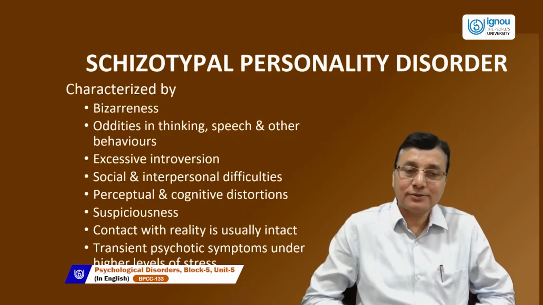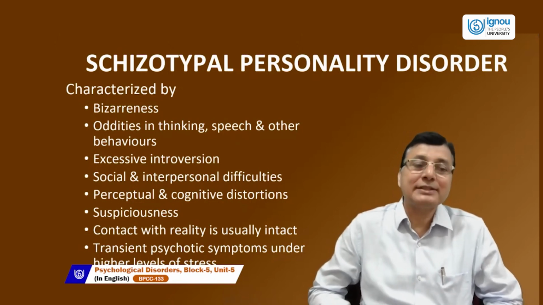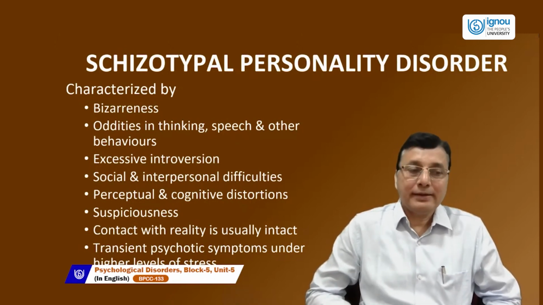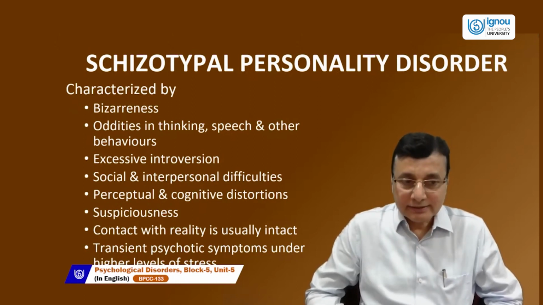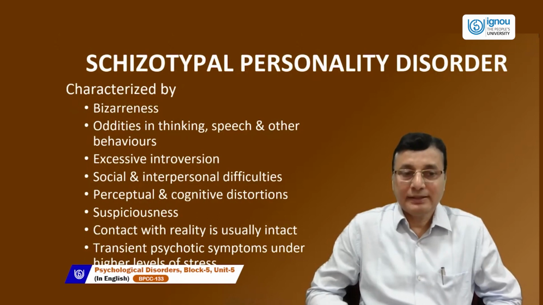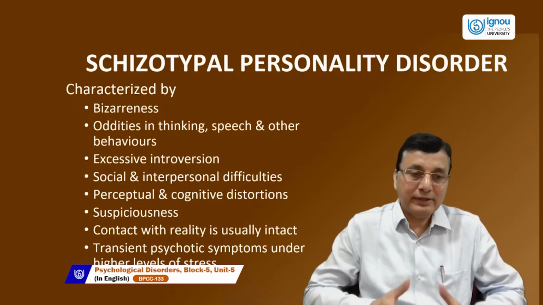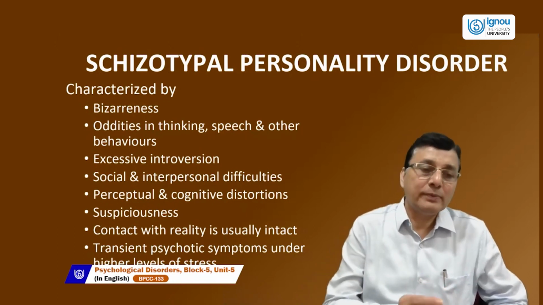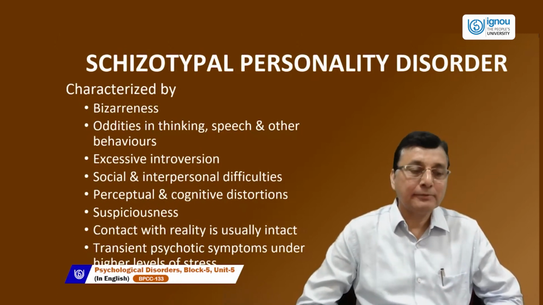Perceptual distortions, what are the perceptual distortions? Hallucinations. They may have hallucinations, they may have thinking distortions, for example, delusions, but not well established delusions, just overvalued ideas, you can say.